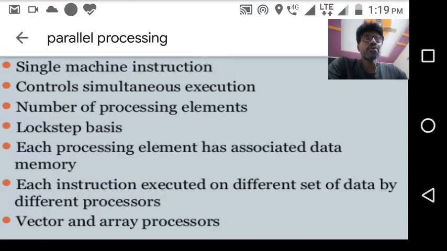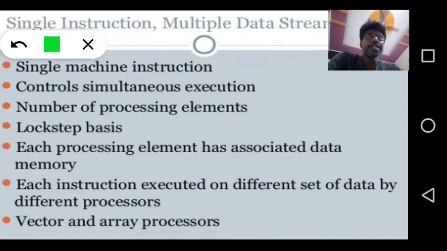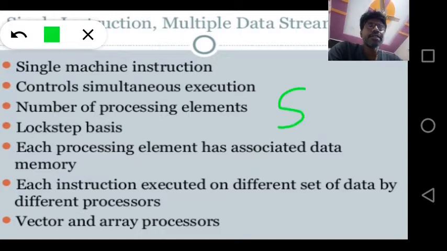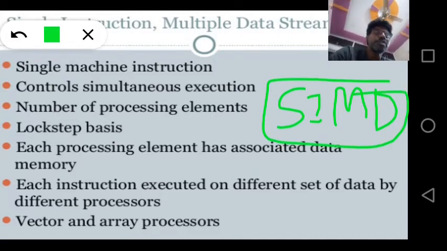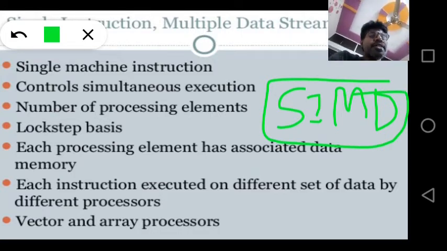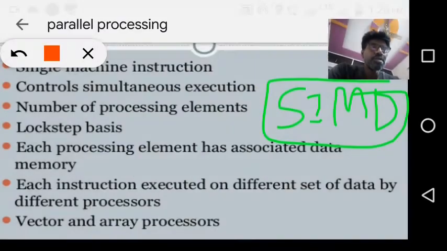Next, we have another type, that is SIMD, single instruction multiple data stream. First, let us try to understand what is meant by single instruction. With the understanding of SISD, one can easily guess that the first SI refers to single instruction.